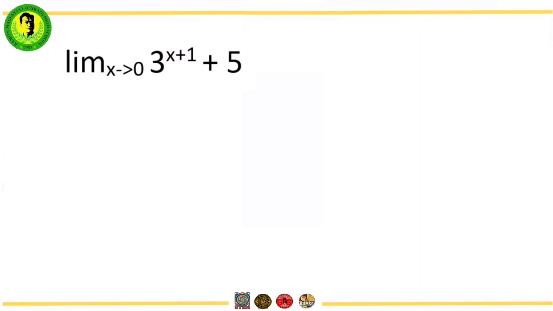Our example: evaluate 3 raised to x plus 1, plus 5, the limit of that as x approaches 0. If you use direct substitution, there will be no problem, right? Because it's just 3 raised to 0 plus 1, which is 3 raised to 1, plus 5.